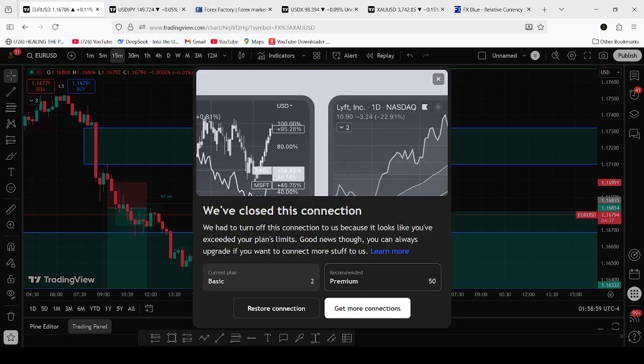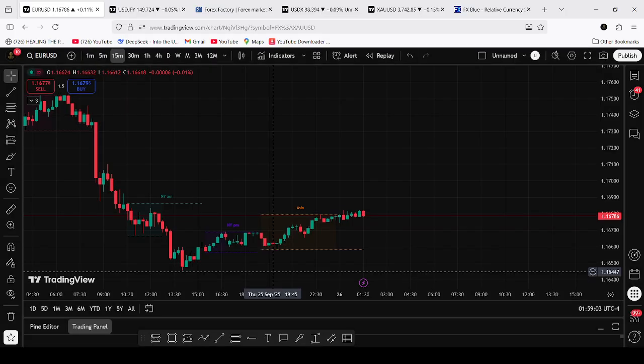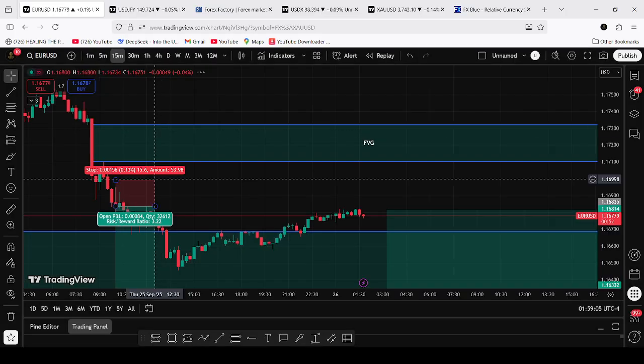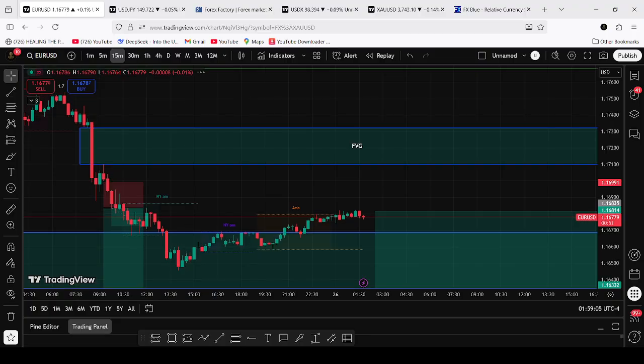Most of the time, the euro tends to move in the same direction that gold is taking. At this point, I have a fair value gap that needs to be filled for me to see some selling opportunities.